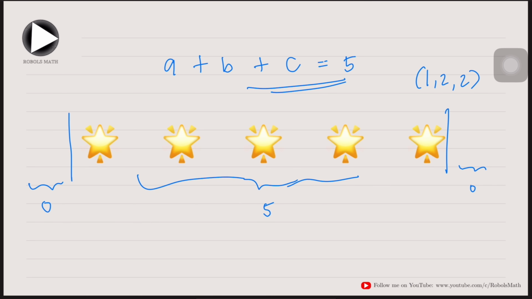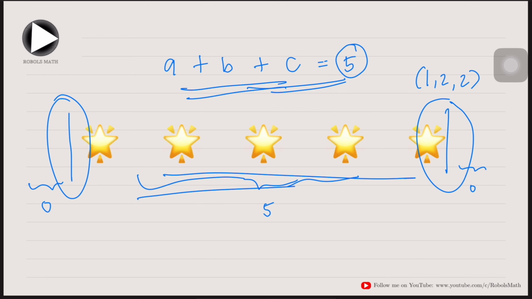Finding the number of solutions is equivalent to finding the number of possible placements of the bars. In this case, we have 5 stars and 3 variables, which means that we need 2 bars and 5 stars. In total, we will have 7 slots where we can position the stars and the bars. So we can think of this as simply assigning the positions of the bars.